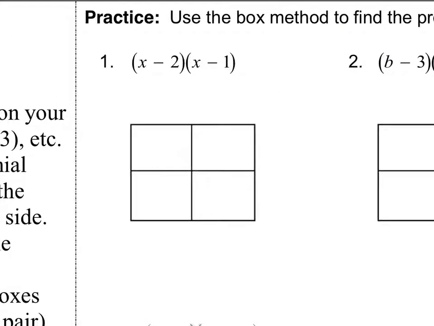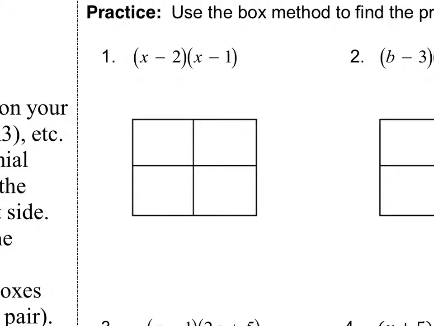Okay, number one, we're actually going to look at having a minus sign instead of a plus sign. Step one says that we draw a box based on our problem. So we have a 2 by 2. I drew a 2 across and a 2 stack box.